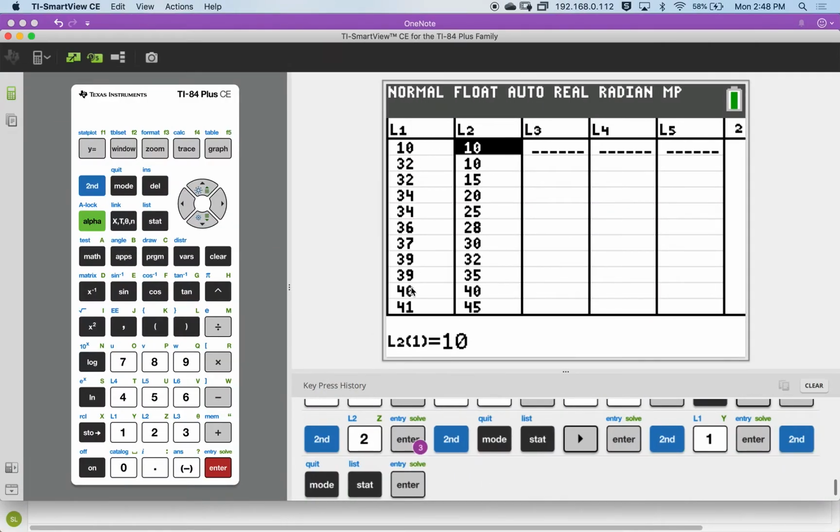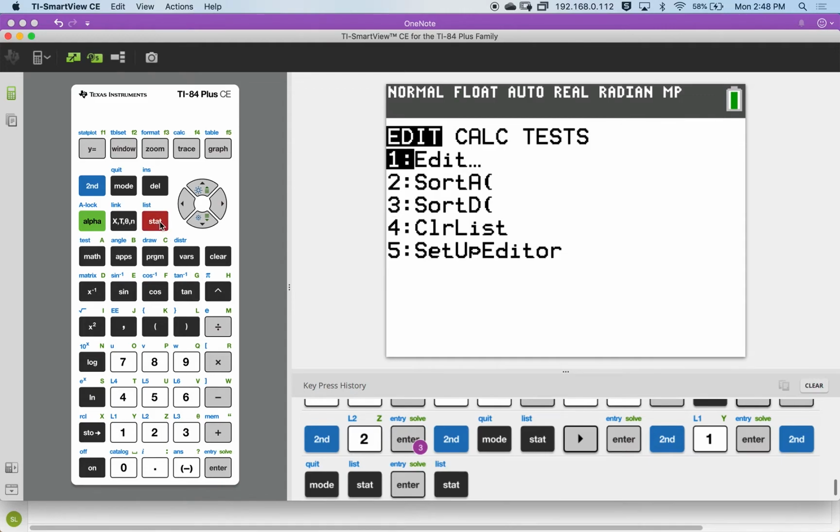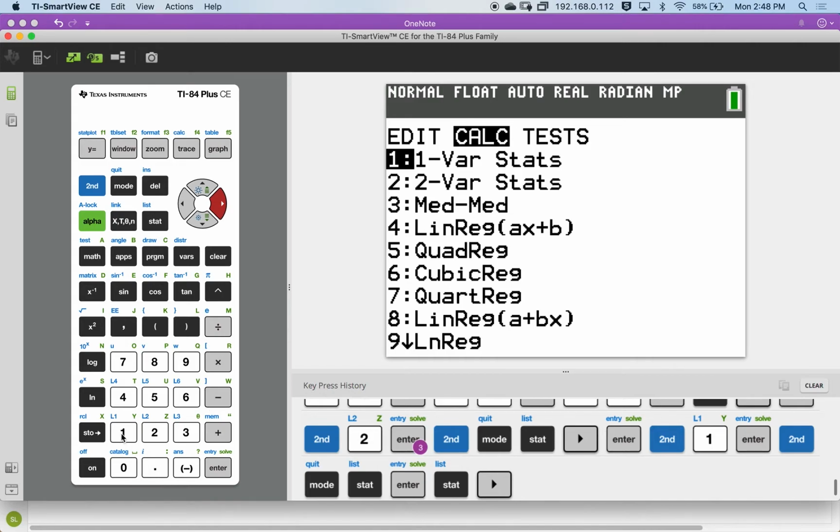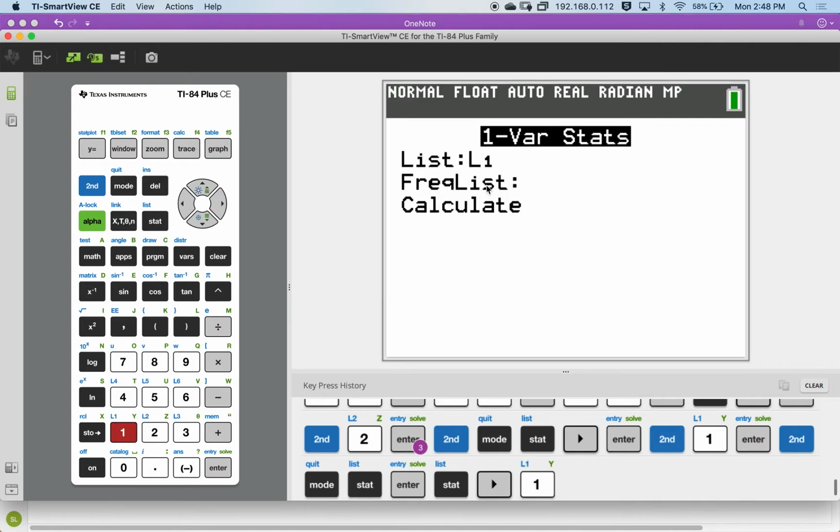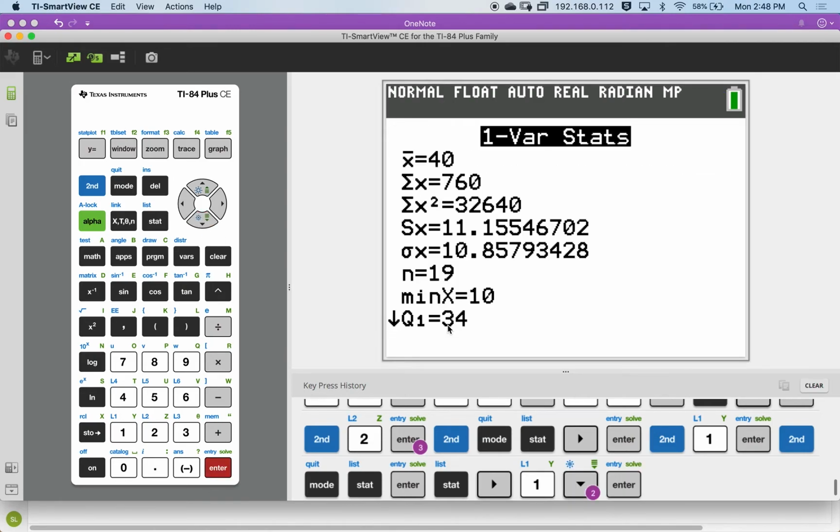So I'm going to do L1 first. L1 is the first sugar that was given. I'm going to go to Stat, Calculate, One Variable Statistics. Now pay attention, this says L1, so that's what I want. Calculate. And then I get the sum is 760, so I know this is right.